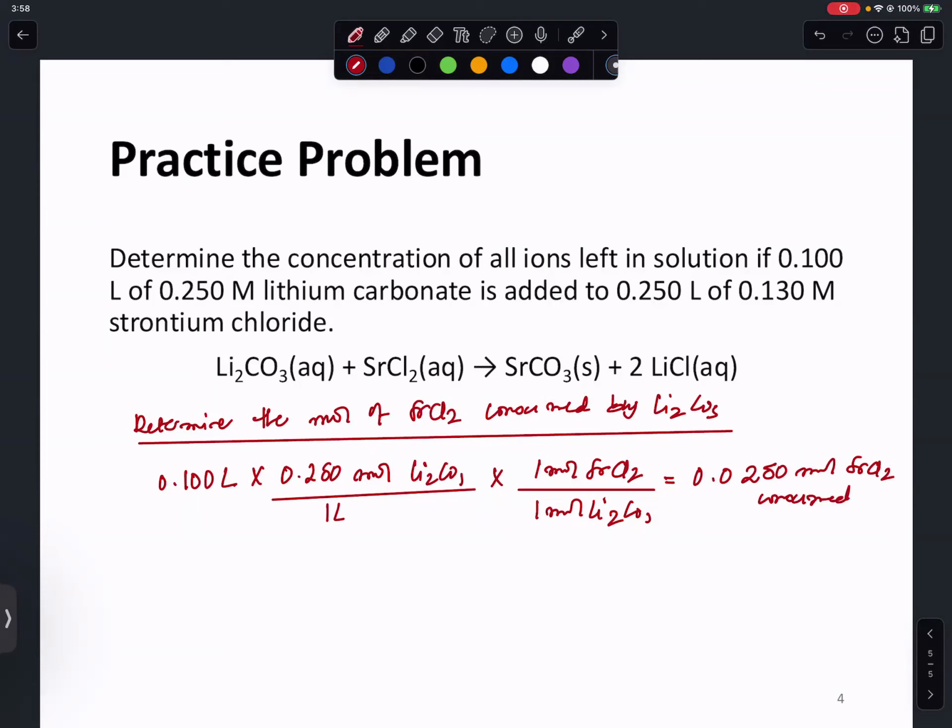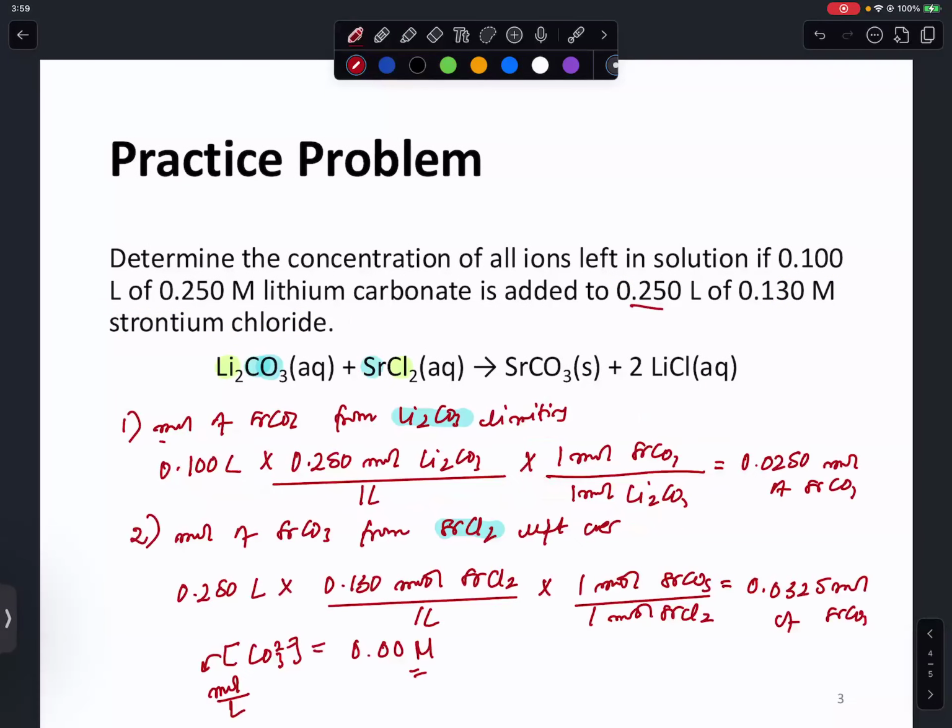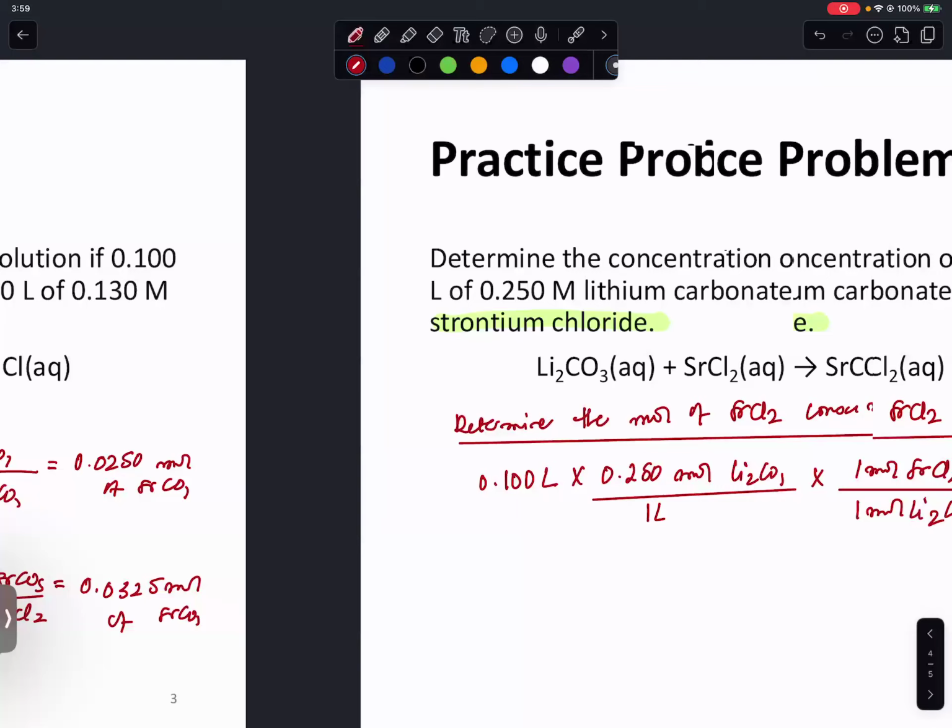Now we need to subtract this from the initial amount given in the question, which is this guy over here. So I can say initial moles. Did I already calculate that in the question? Oh, let's calculate it again.